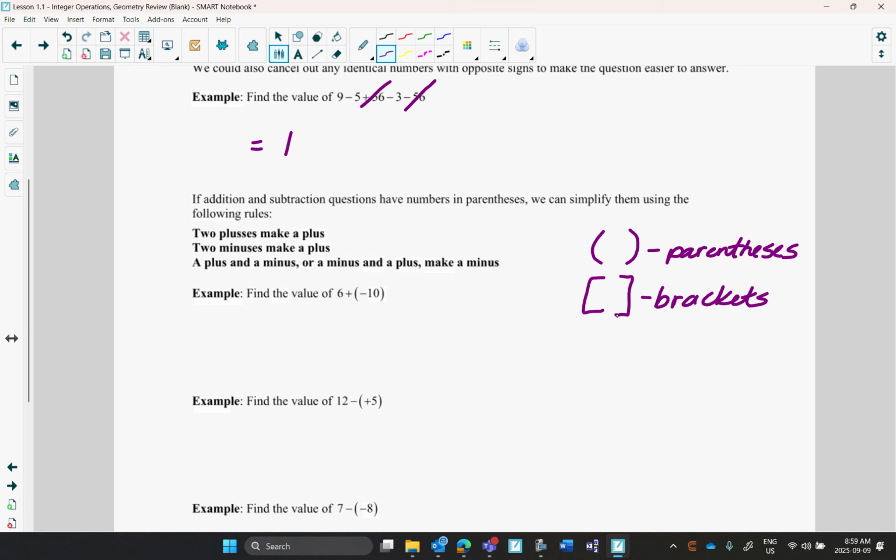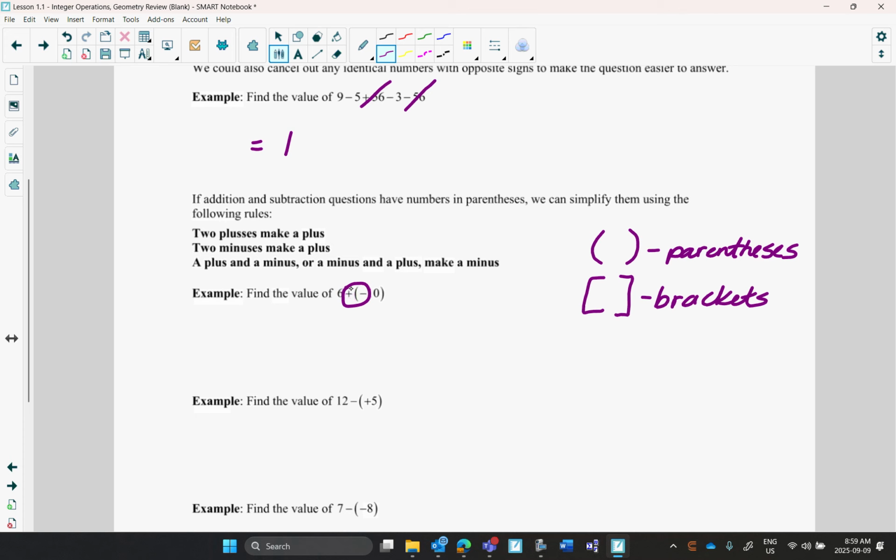So when we encounter a question like this, we want to combine the two signs into either addition or subtraction. You can follow these rules. 2 pluses, if you add a positive, obviously that's plus. If you add a negative or subtract a positive, that's the same as minus.